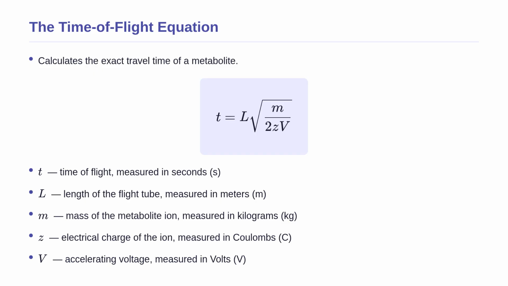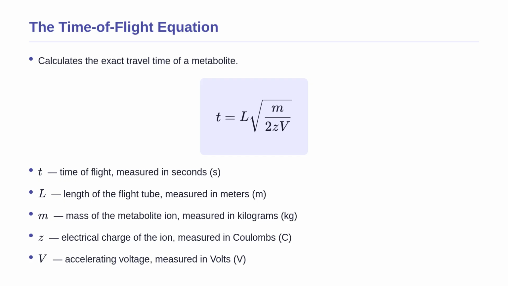This brings us to the fundamental mathematical principle behind the machine. We can calculate the exact travel time using the time-of-flight equation. In this formula, T represents the time of flight, measured in seconds. L stands for the length of the flight tube in meters. The variable m represents the mass of the metabolite ion in kilograms.